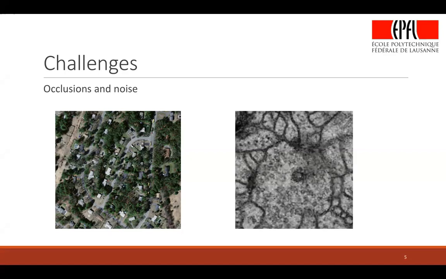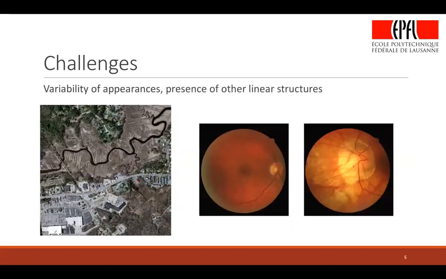However, for the algorithm, it's still quite difficult to do. Also, in biomedical or medical images, there might be quite a lot of noise due to some equipment issues or maybe uneven preparation of the samples. And we also have to deal with this kind of problem.